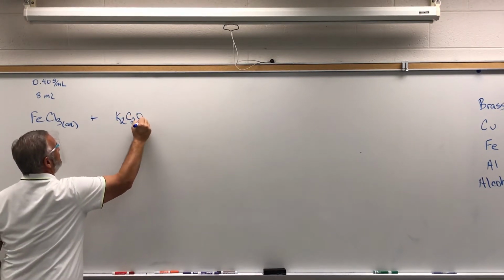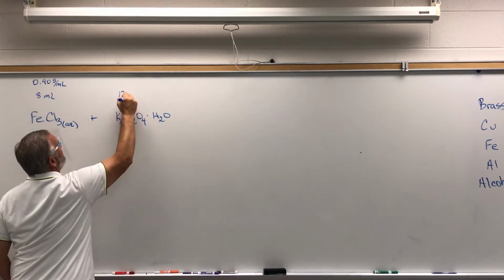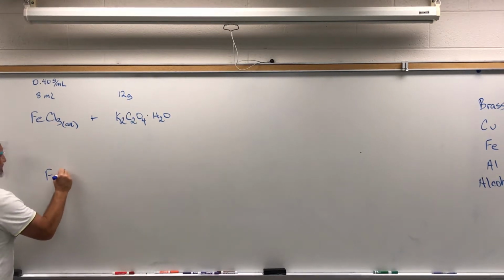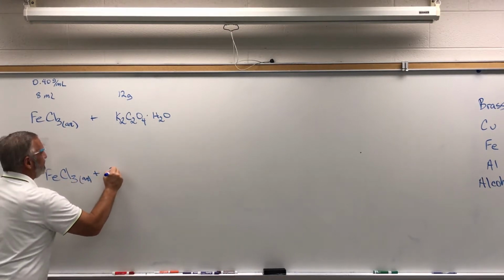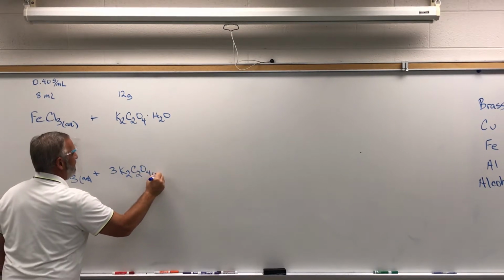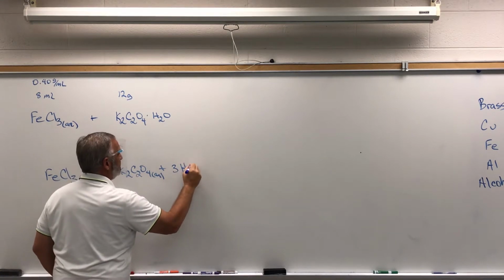This was the missing ingredient before. But it's a monohydrate, and it says to put 12 grams. Now, in the equation that is on the sheet that I just gave to you, it says that it's going to be 3 K2C2O4 aqueous plus 3 H2O.